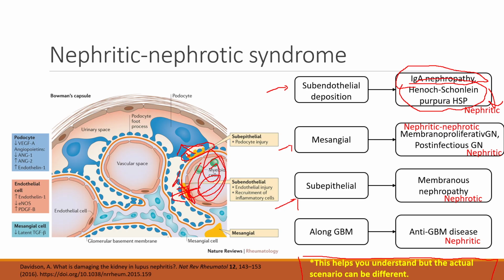It's easy, right? But some may ask what the mechanism is. How come you do not see any blood leaking out in this disease? One explanation is the fluid here in the Bowman's capsule. Normally, fluid is filtered out from the vascular lumen into the Bowman's capsule, right?